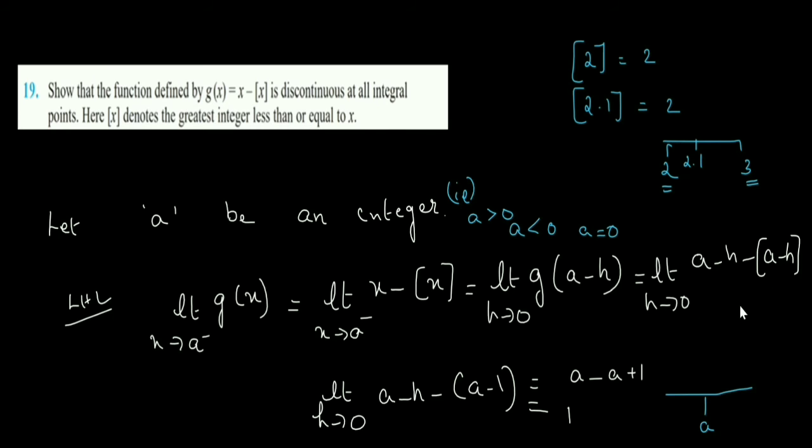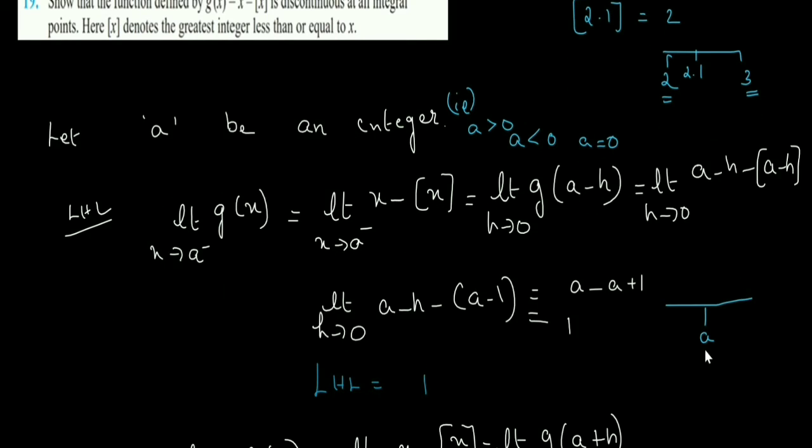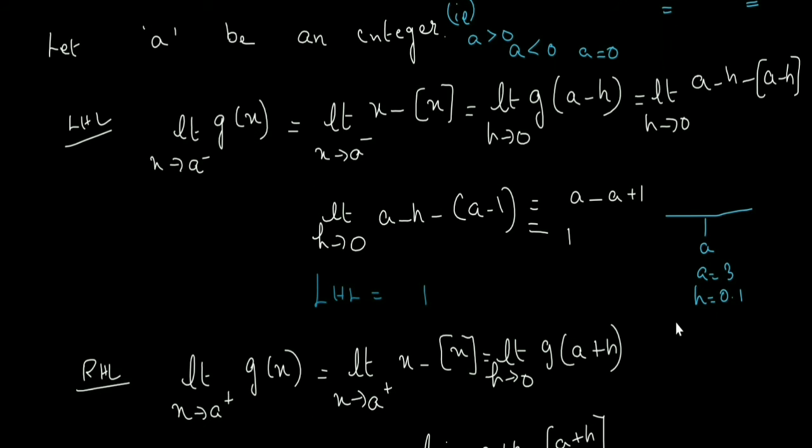Now let us see. Suppose a is 3 and h is some 0.1. What is a minus h? 3 minus 0.1, right?